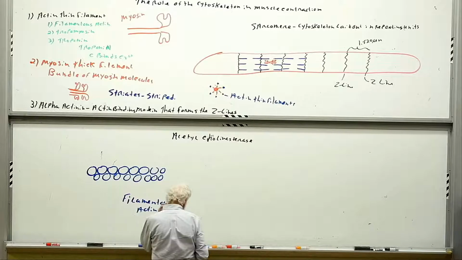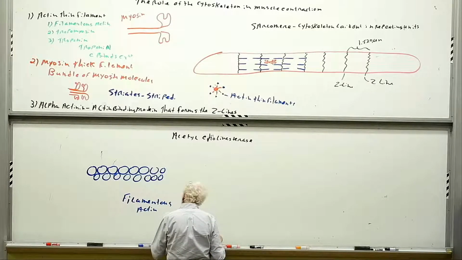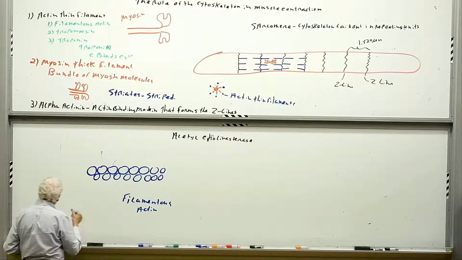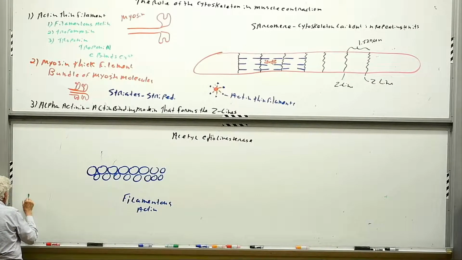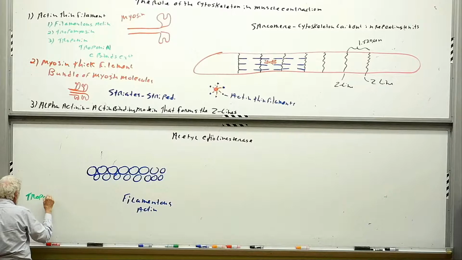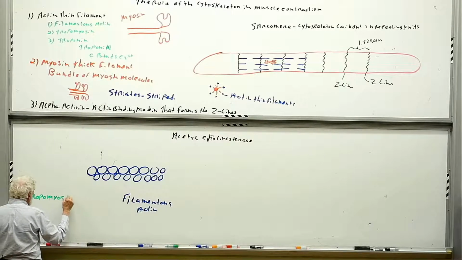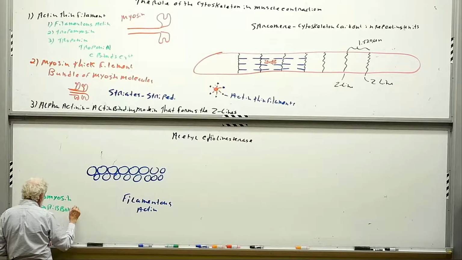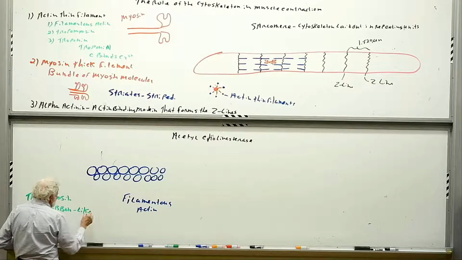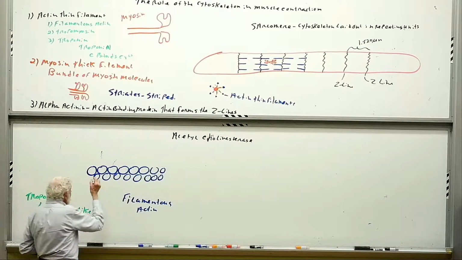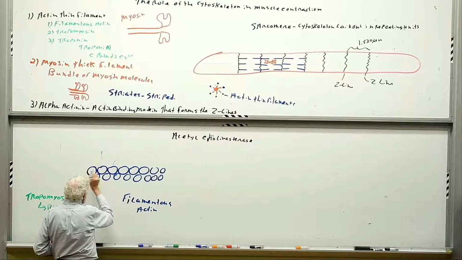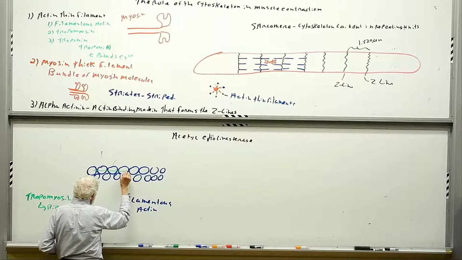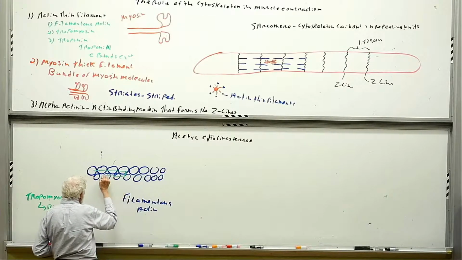Then in green, I'm going to now put the next molecule. And this green molecule is going to be something called tropomyosin. Tropomyosin is a ribbon-like molecule. And the way I typically draw, the way we typically think of it, is that it sits as a flat ribbon on the thin filament.